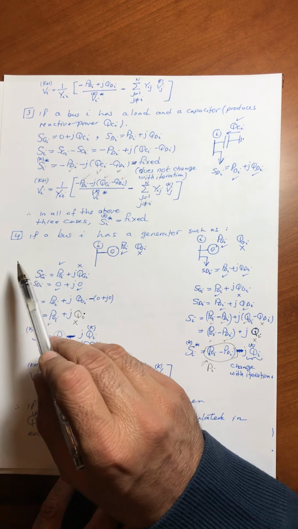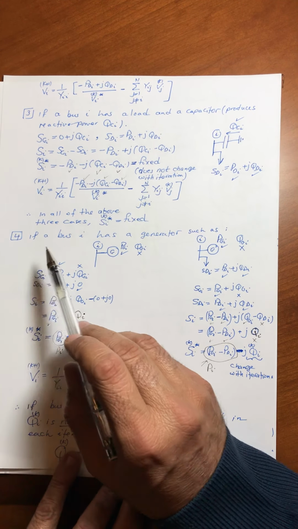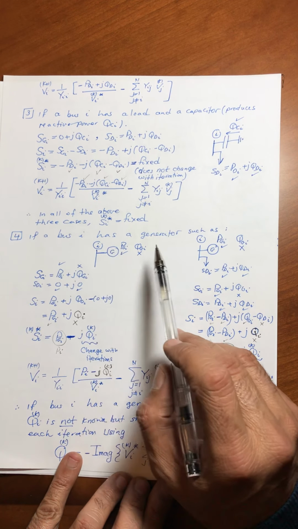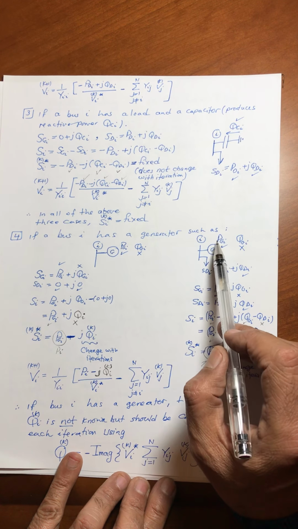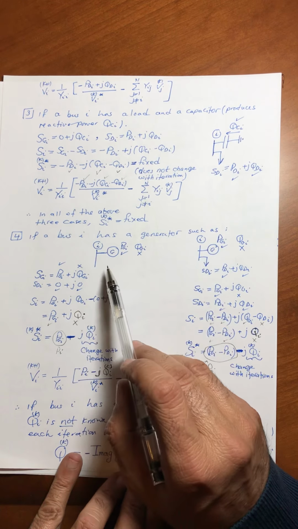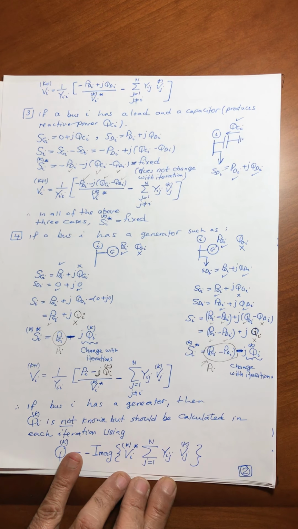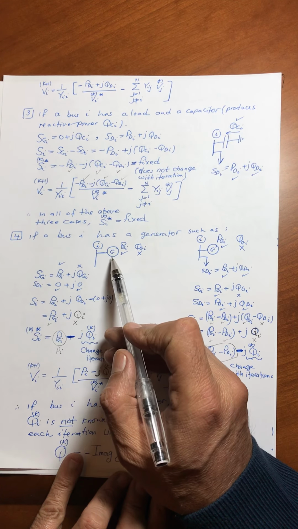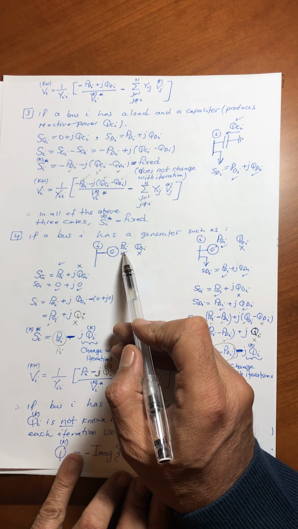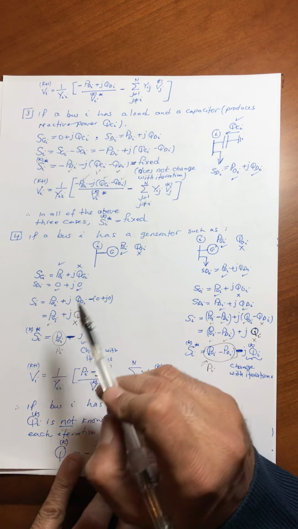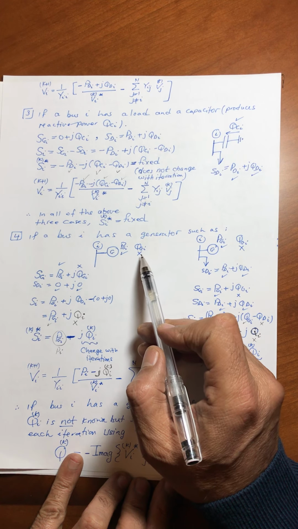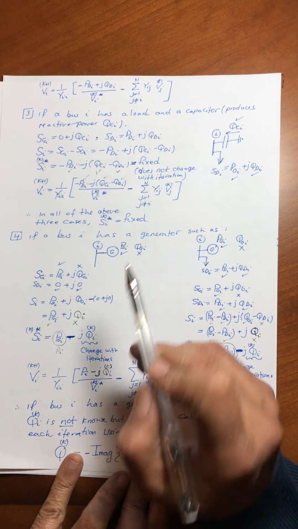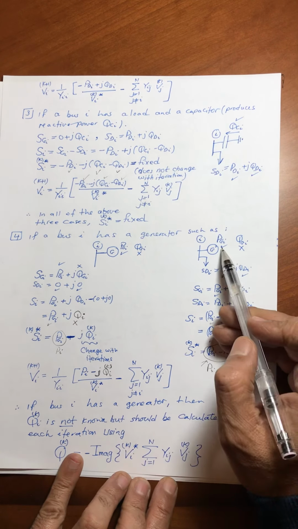Now, when it comes to the fourth case, if a bus I has a generator, such as this case or this case. As you know, for a generator, real power produced is known, while reactive power generated is not known. The same is here.